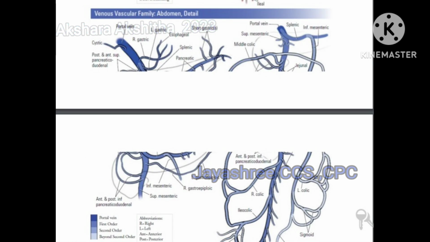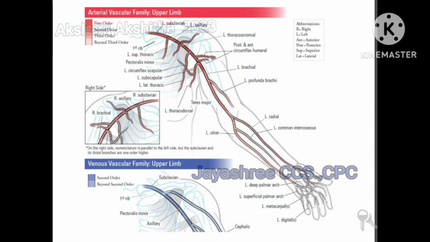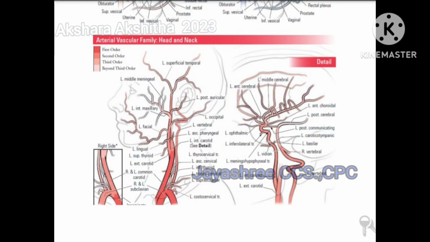If the catheter does not move to any of the branches, and they access only the aorta itself and close the procedure, not moving beyond the aorta, that is non-selective catheterization.